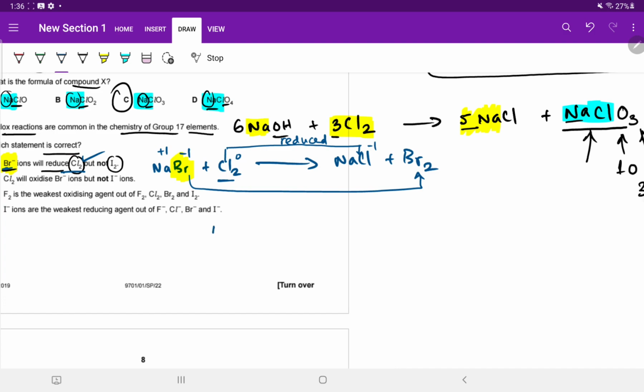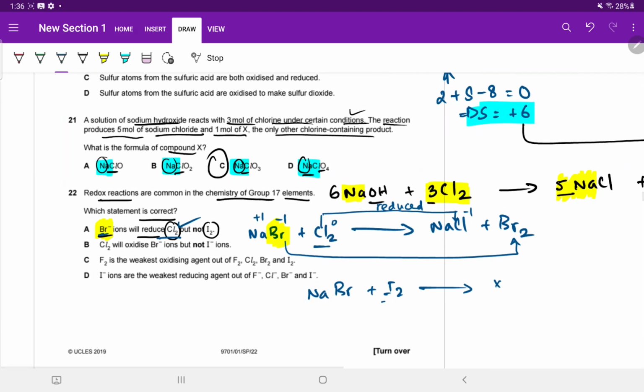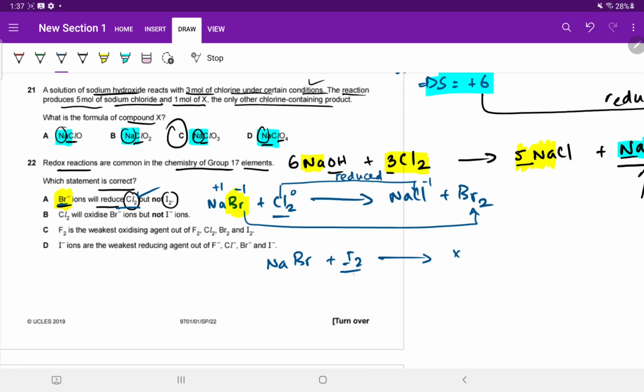Now if we react NaBr plus I2, this won't produce any reaction, it will remain the same. This is because Br minus ion cannot reduce I2. As we know, for halide ions, going from chloride to bromide to iodide, as we go down the group, the reducing ability increases.